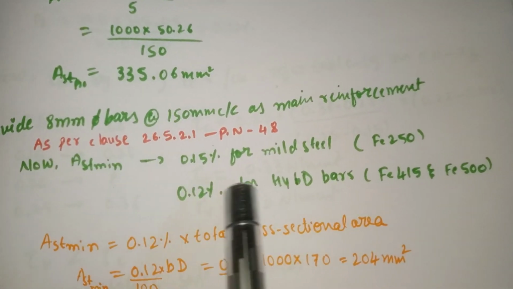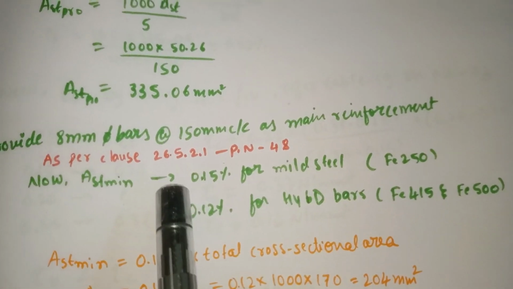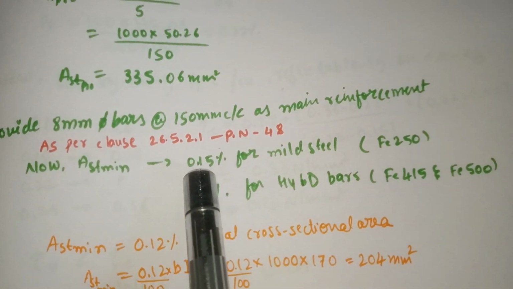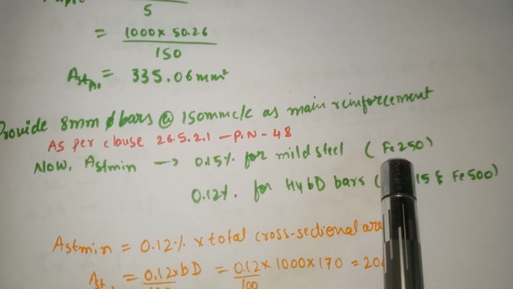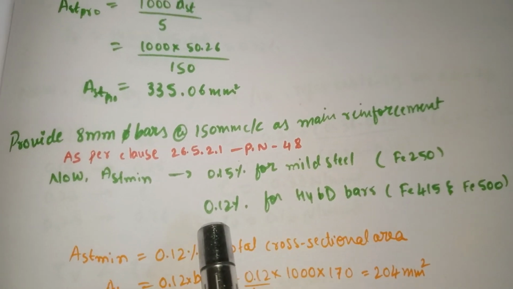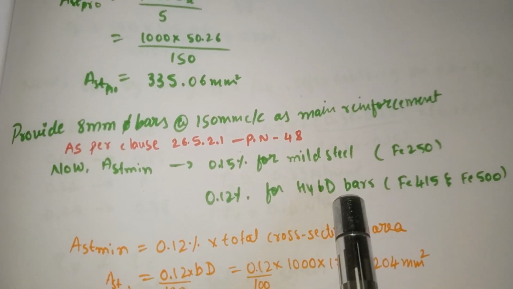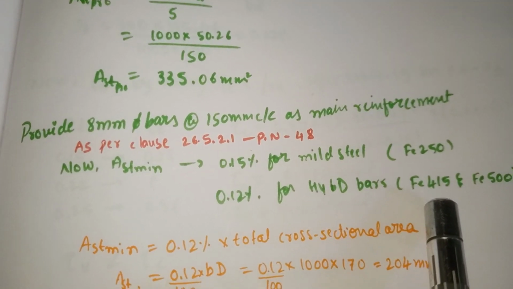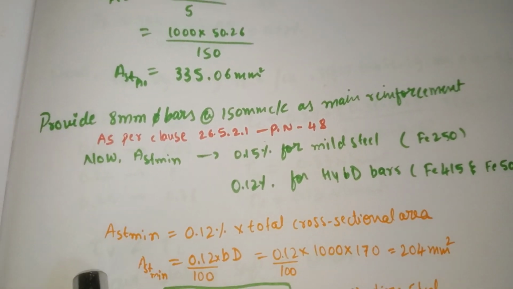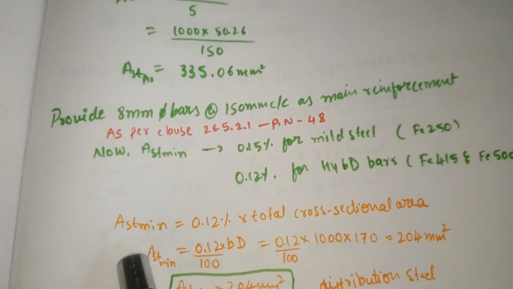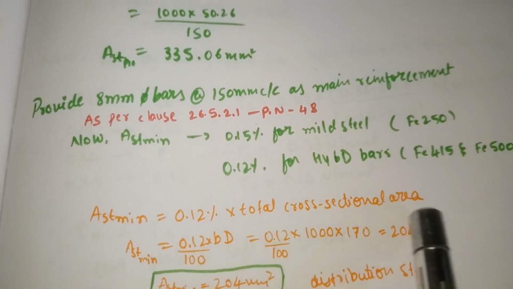I have written here the same as what is mentioned in the code book: 0.15% for mild steel, that is Fe250, and 0.12% for HYSD bars, that is Fe415 and Fe500. So now AST minimum is equal to 0.12% of total cross section area.